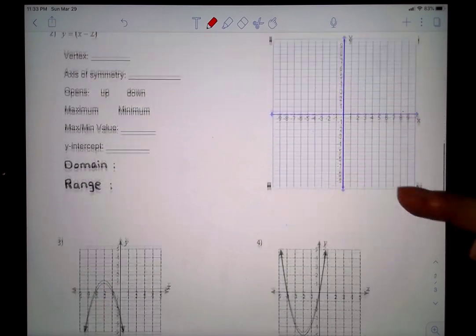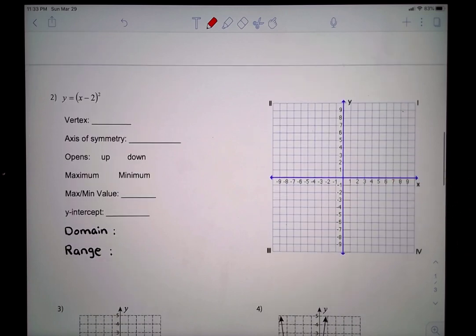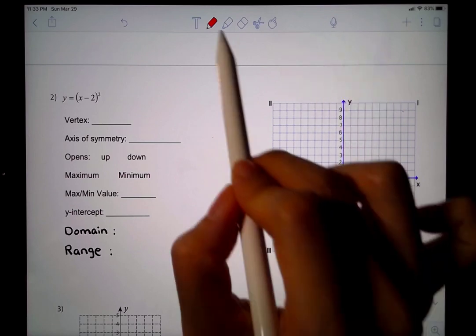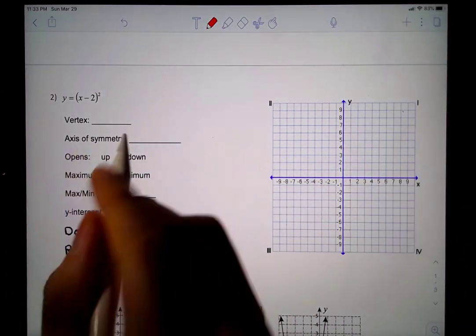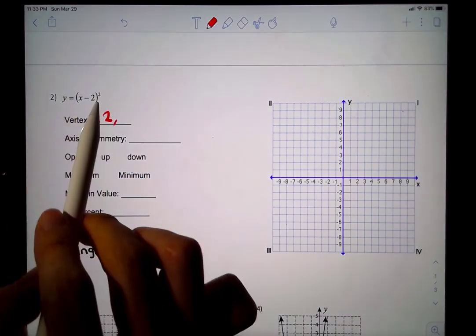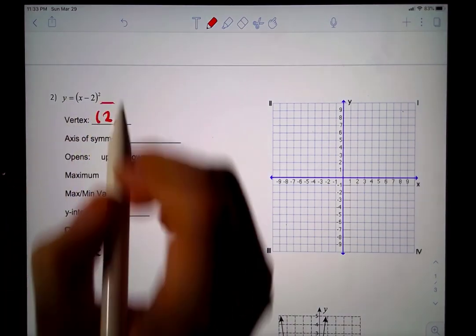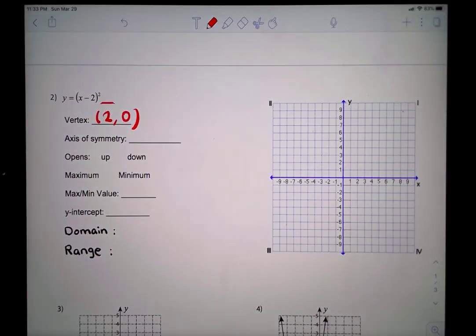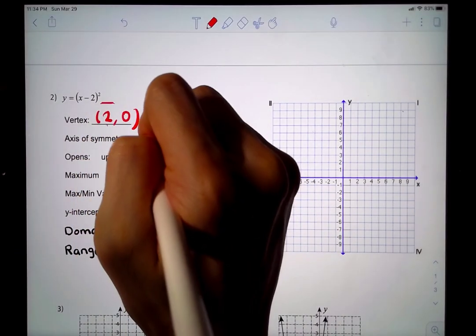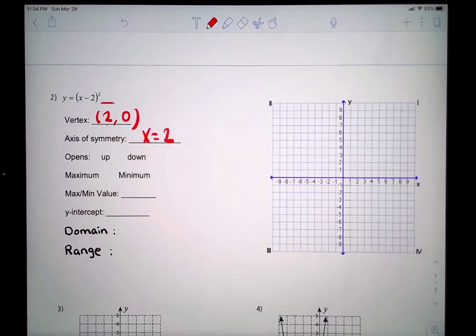So let's move on. Number 3. Okay, so the vertex: inside is 2, right? Do you have anything over here? Nothing. So (2, 0). And my axis of symmetry, get your x-coordinate, right? So x equals 2.